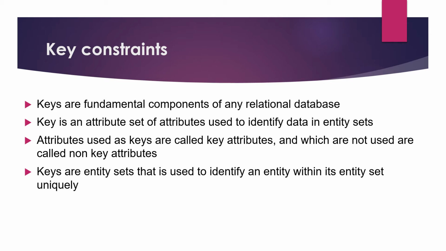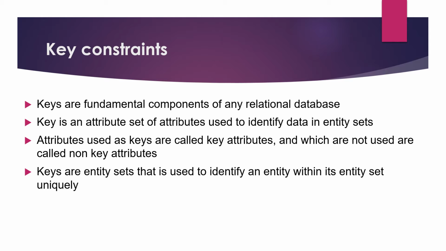Keys in DBMS are an attribute or a set of attributes that help to identify a row, that means a tuple, in a relation, meaning in a table. They allow you to find the relation between two tables. Keys help you uniquely identify a row in a table by a combination of one or more columns in that table.